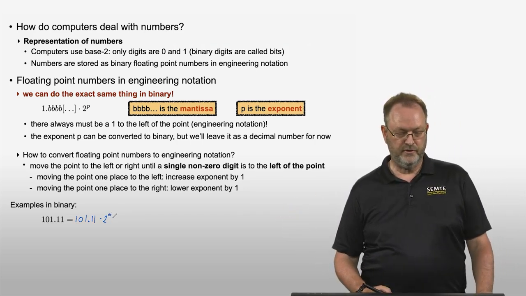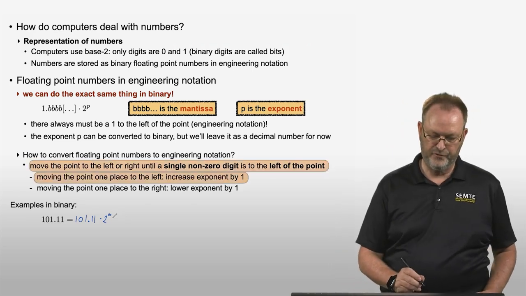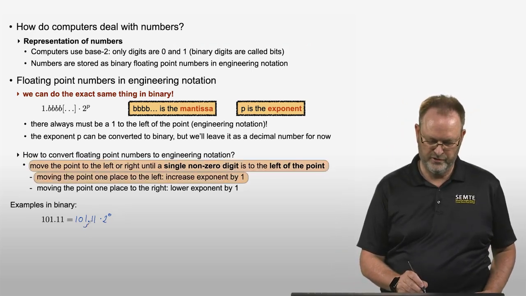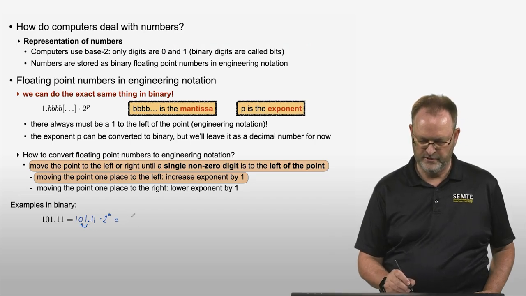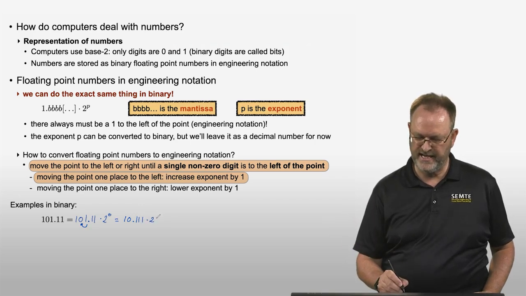And in order to turn this into engineering notation, I have to move the point over to the left. Let's move it by 1 spot. So that would be 10.111. And if I move it over 1 spot to the left, I have to increase the exponent by 1 from 0 to 1. But this is still not an engineering notation, so I have to move this dot over 1 more spot.